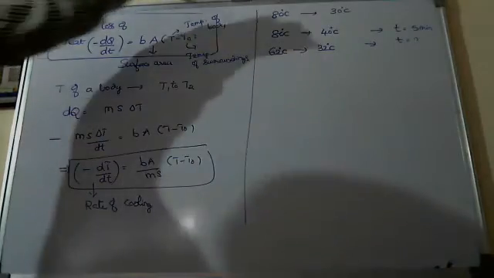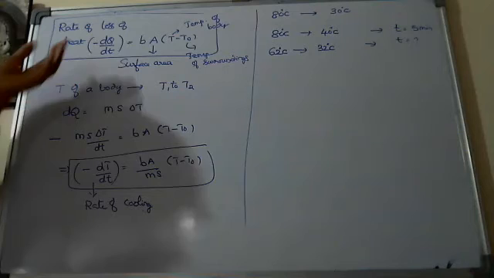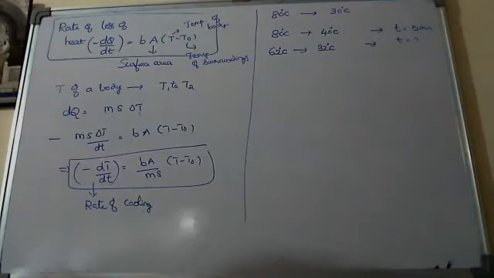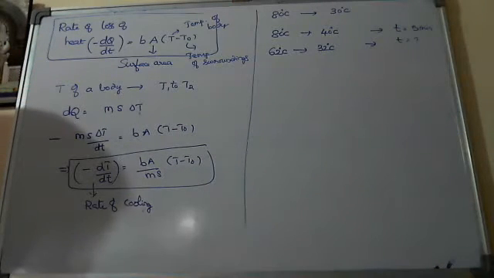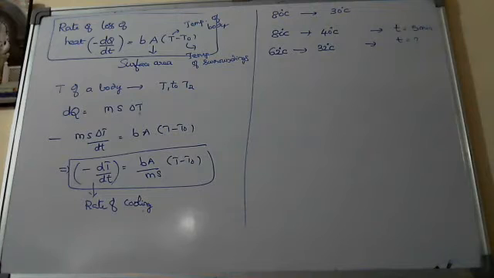Here it is a concept related to change of temperature. Change of temperature means, of course, we won't go to minus dQ by dt. In that case, if I ask without saying any formula, which formula would you try to apply here?